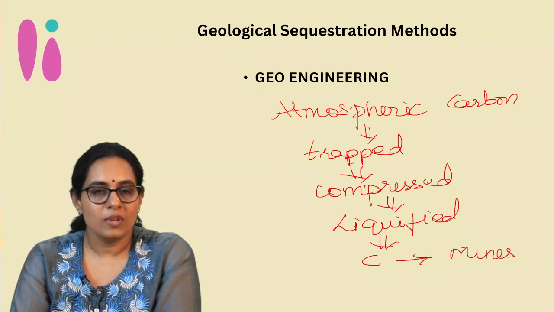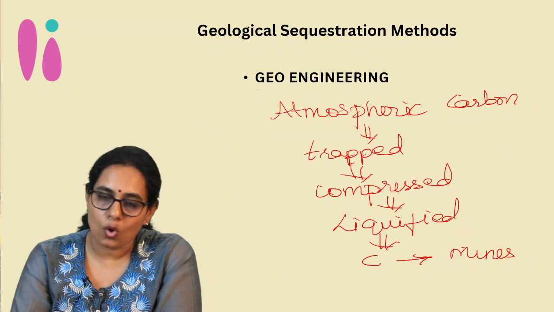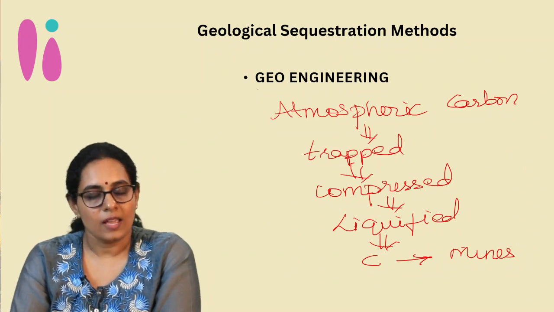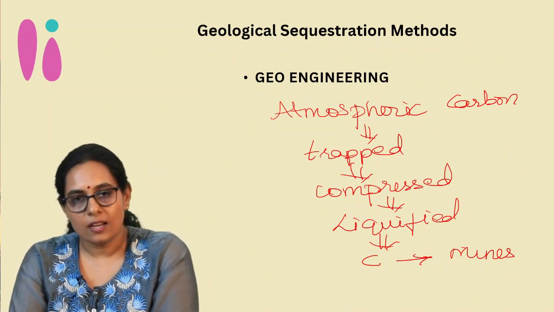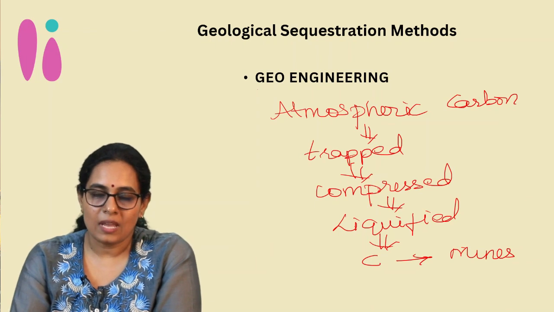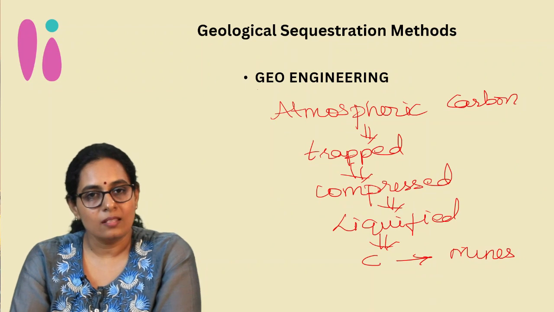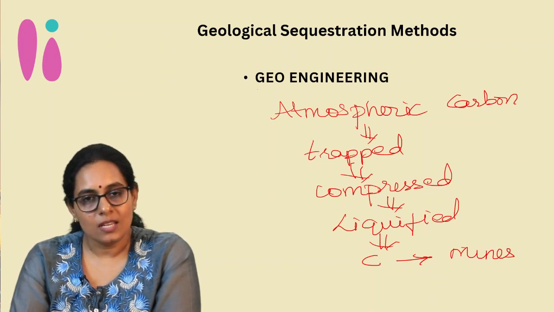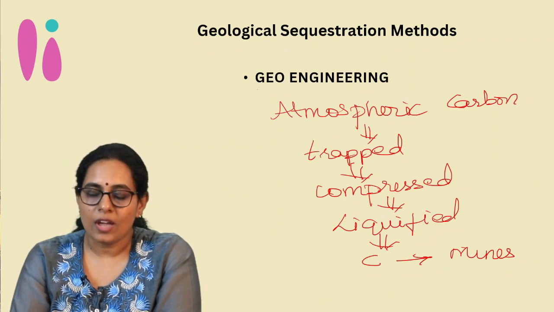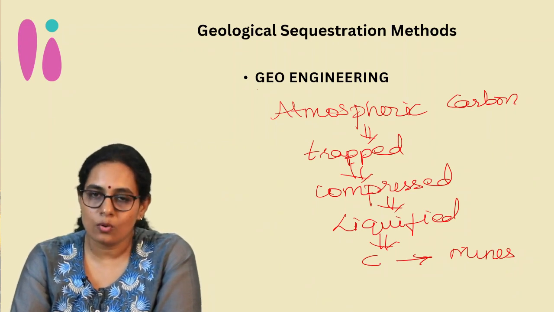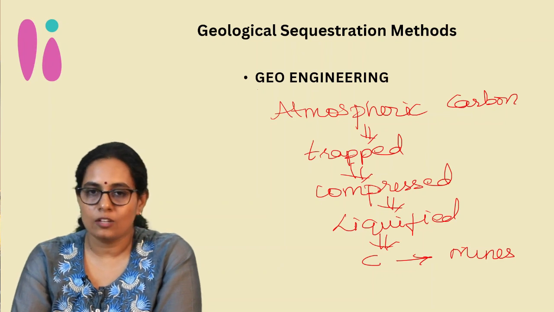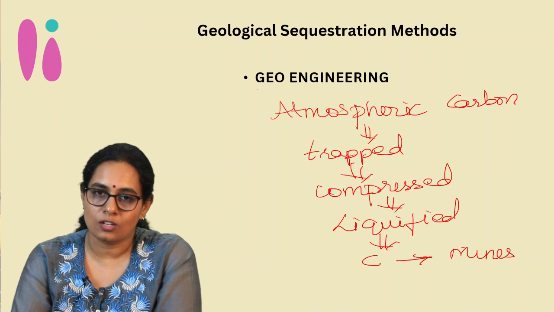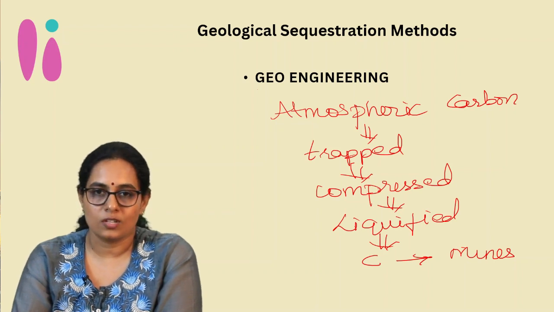So carbon can be stored in the form of solid as ash, etc. in your extinct mines, or it can be liquefied and deposited or stored in the oil fields. So these are the two popular methods of geoengineering where we are trying to do carbon sequestration in the deeper layers of the lithosphere so that it is not released back into the atmosphere in a short time.